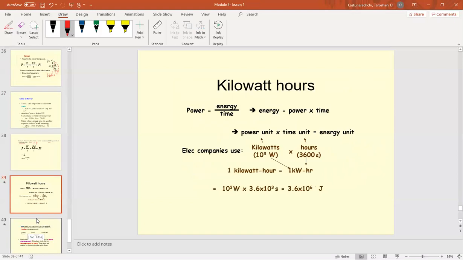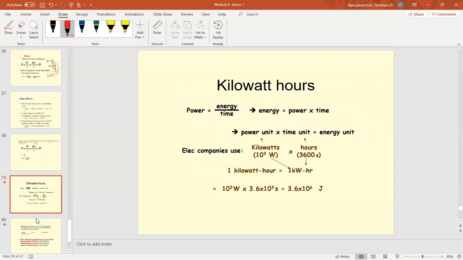If you look at your electric bill, it depends on who your provider is and where you live. Here in Massachusetts we have National Grid, and for my house we get the electric bill in kilowatt hours.